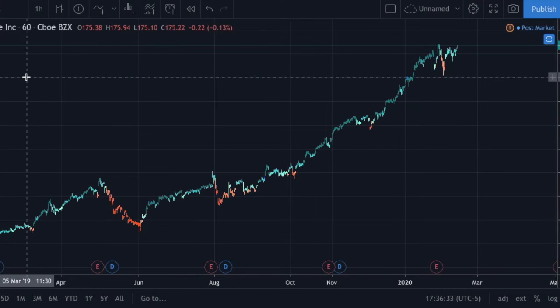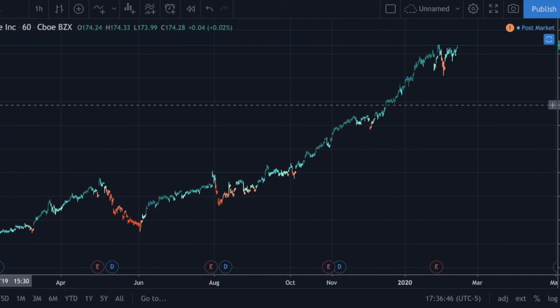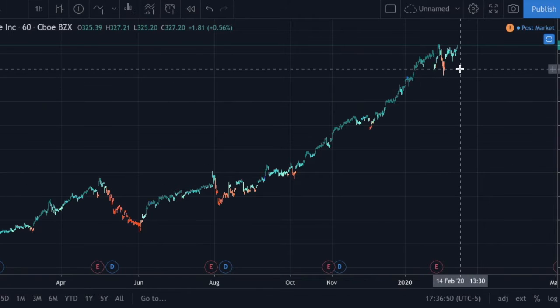This is the Apple stock chart. Now keep in mind that it's the Apple stock chart, but you can trade options as well, and one option is equal to 100 shares. So this is the chart from about January 2019 to February 2020.